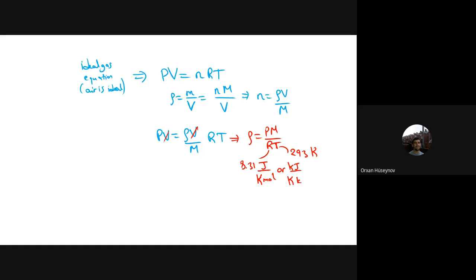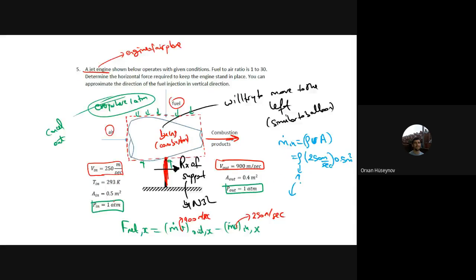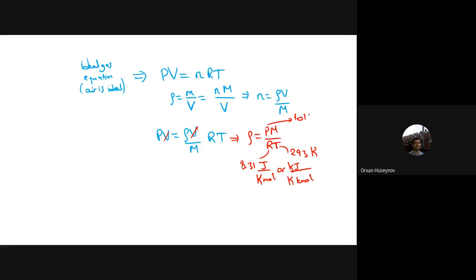Kelvin and kilomole. You should be consistent with the units, and I'm working with that unit. Pressure at inlet is 1 atm, or that it is 101.326. You see it is Pascal. If it is Pascal, you should be in joules. But if I want kilopascal, then it should be kilojoules. And the molar mass of air is 29.